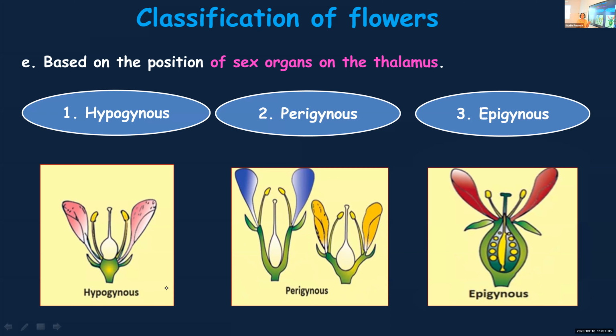Maybe for 3 marks it can be asked, explain the classification of flowers based on the position of the sex organs on the thalamus. So you should know these three types. We will learn about each one now.